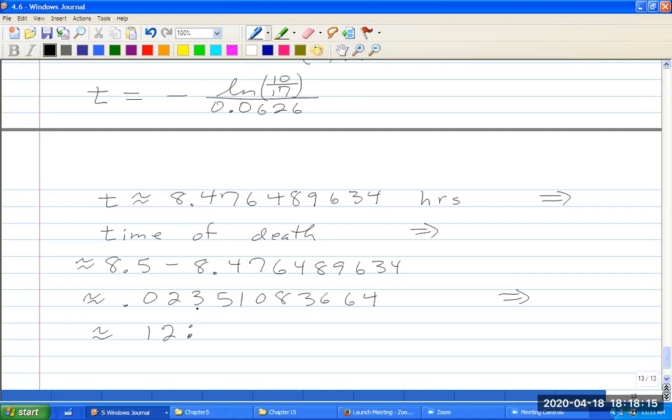Multiply the 0.02351083664 by 60. You get 1 minute and a whole bunch of decimals. Multiply those decimals by 60 and you get 24 seconds and some fraction.